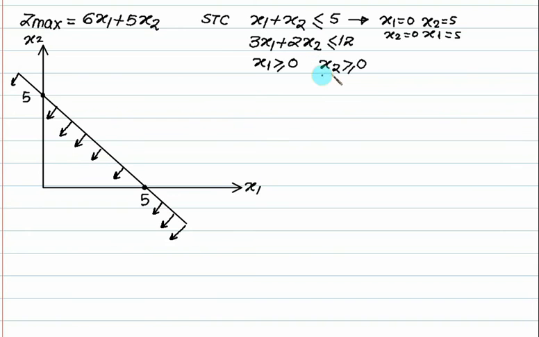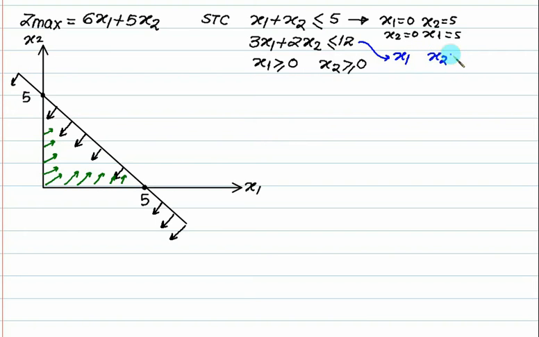The last constraint says that x2 is greater than 0, and x1 is greater than 0. It means that you have to work only in the first quadrant. And the second constraint says that if I put x1 equal to 0, then twice x2 equals 12.